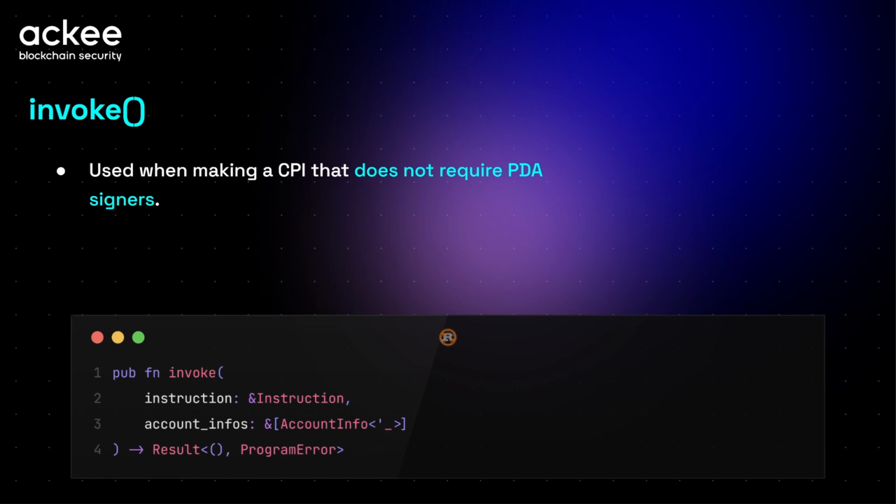Don't be confused: I said that PDAs do not have a private key, so why are we signing here? But you will see it is actually possible, because PDAs can sign cross-program invocations, though not transactions directly from the off-chain part.